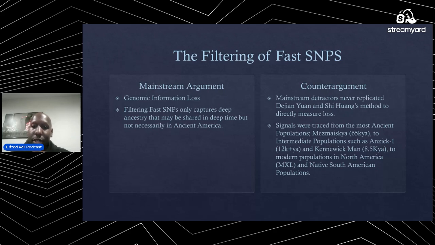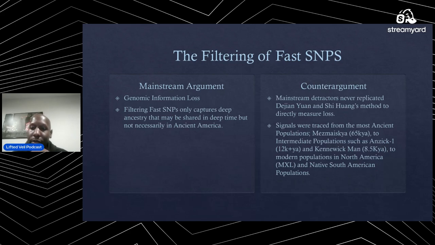But the next point is proven within the study in and of itself. The next point is filtering fast S&Ps only captures deep ancestry that may be shared in deep time, but not necessarily in ancient America. The counter argument based on the genetic study is signals were traced from the most ancient populations, which was, if I'm pronouncing this right, Mesmachia.